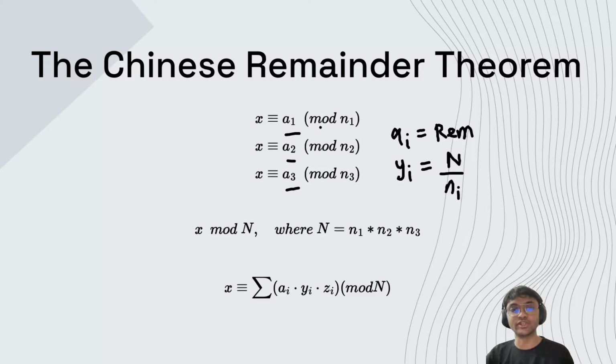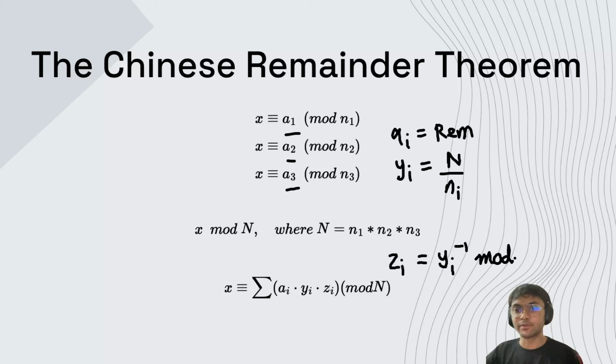For the first expression, n_i is n1, for the second, it's n2, and for the third, it's n3, respectively. Now, z_i is the modular multiplicative inverse of the y_i's that we have just calculated, with respect to n_i, which is the modular multiplicative inverse of y_i modulo n_i.